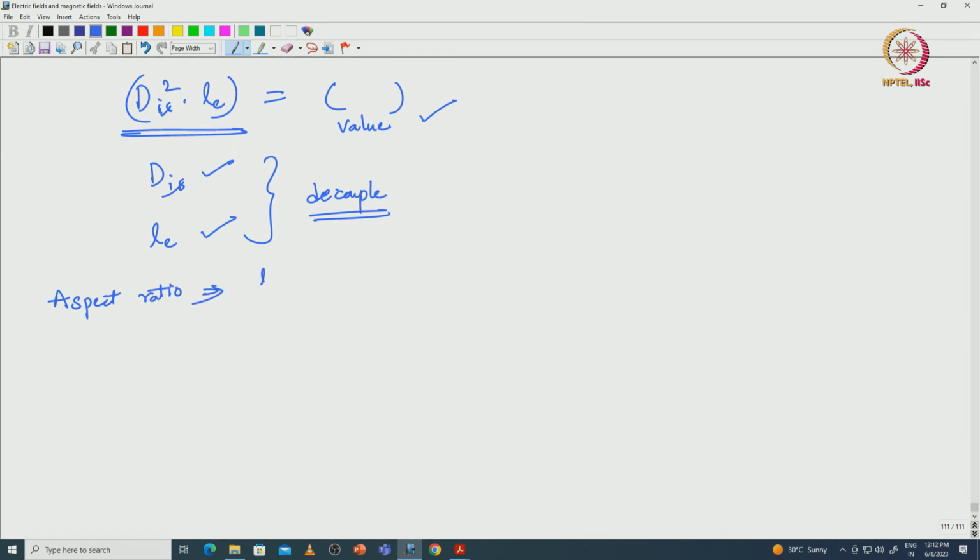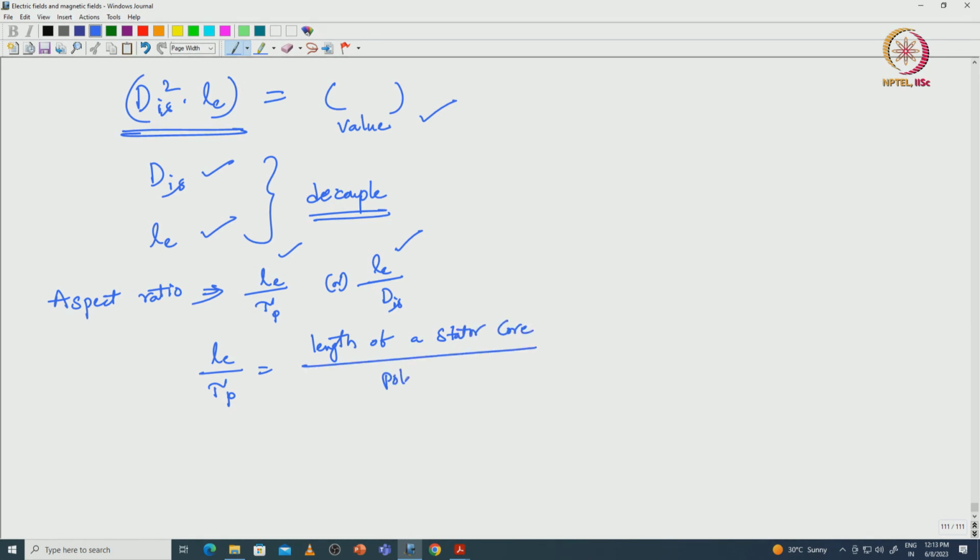Aspect ratio is nothing but the stator length per pole pitch, or length per diameter, the stator length with respect to the diameter ratio. Some literature represents length with respect to the diameter and length with respect to the pole pitch; that is nothing but the aspect ratio. Le by tau p is the length of the stator core divided by the pole pitch.